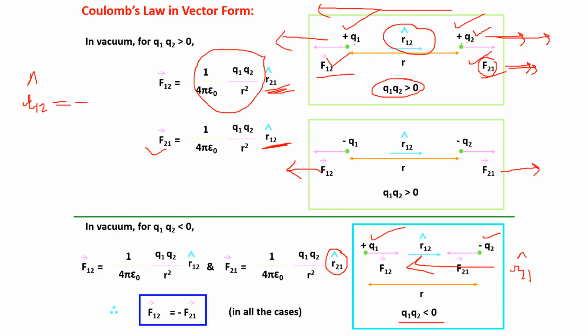Both are in opposite direction. This R12 cap is along this direction, and R21 cap will be along this direction. In all the cases, both are in opposite direction. That's why I have written here R12 cap is equal to negative of R21 cap.